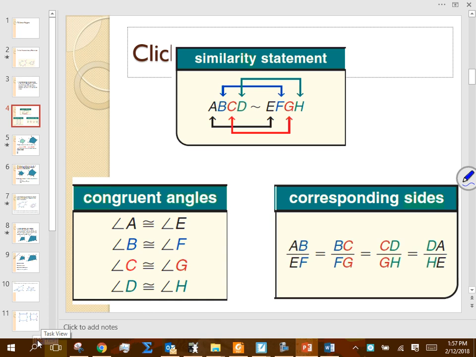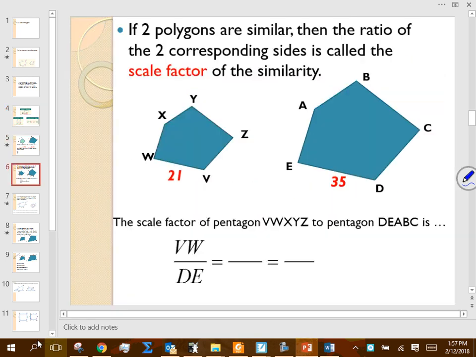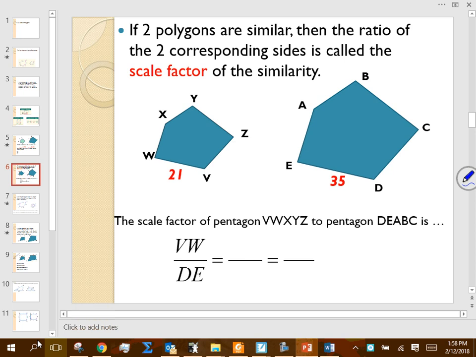This slide 4 is exactly what we just wrote down, relating those congruent angles and then corresponding side lengths. I'm going to skip this one and get to this one where we can actually do some work. It says, if 2 polygons are similar, then the ratio of the 2 corresponding sides is called a scale factor.